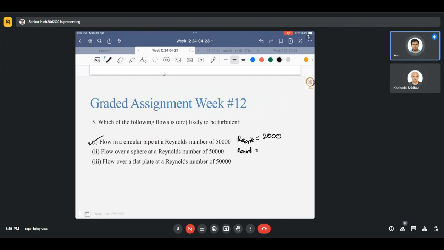Now, one of the characteristic features is that we can exploit the highly diffusive nature of turbulent flows to create effective mixing and thermal uniformity.